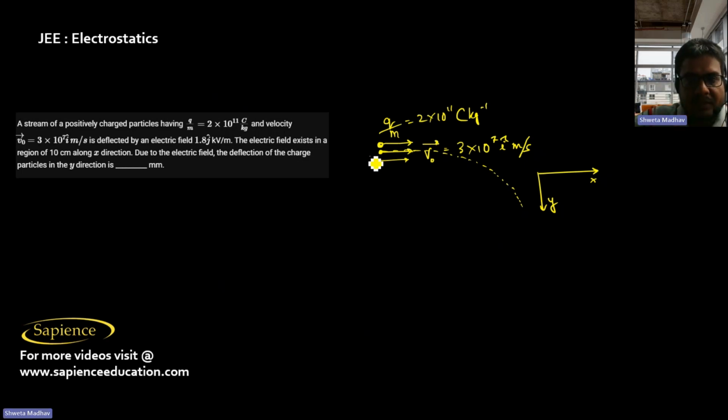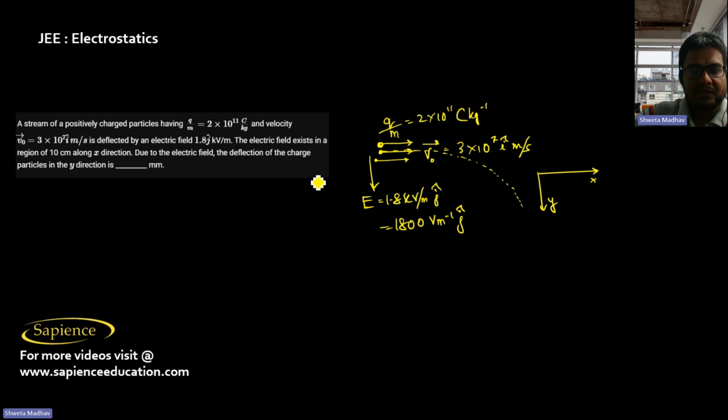The electric field acting along the y-axis only is 1.8 kilovolt per meter j cap, or I can say 1800 volt per meter j cap. The electric field exists in a region of 10 centimeter along the x direction, so it means 0.1 meter along the x direction.